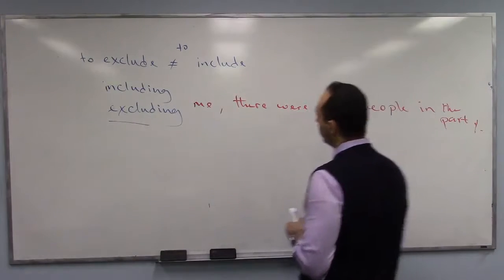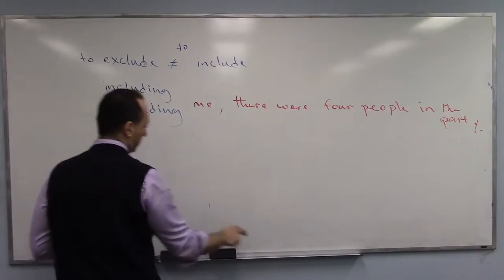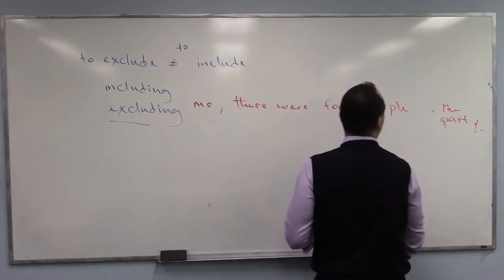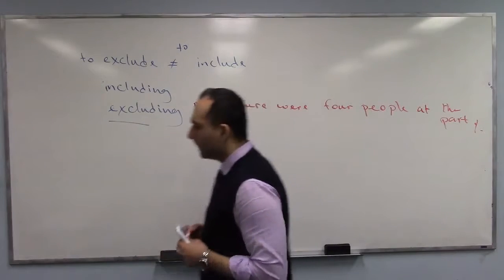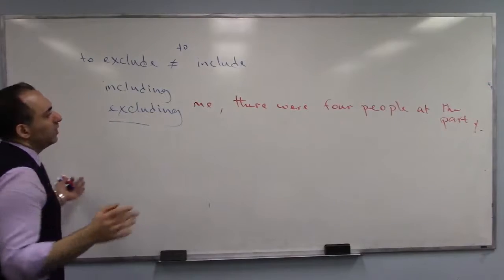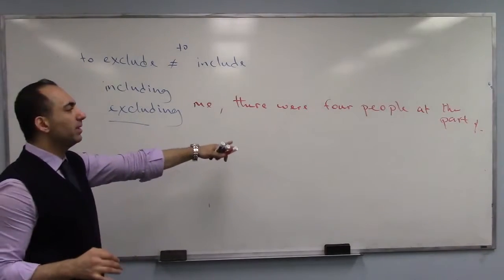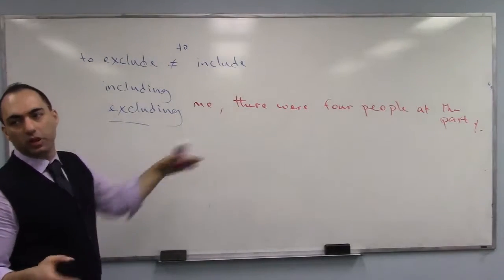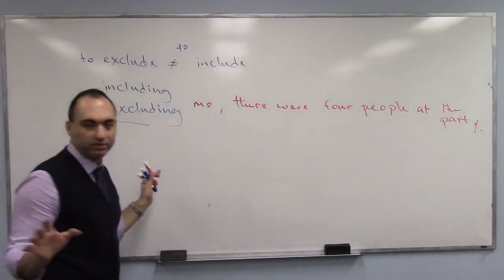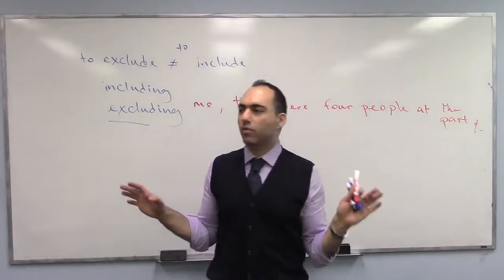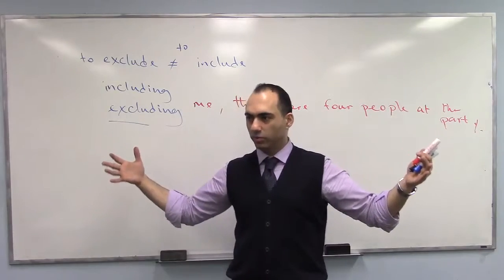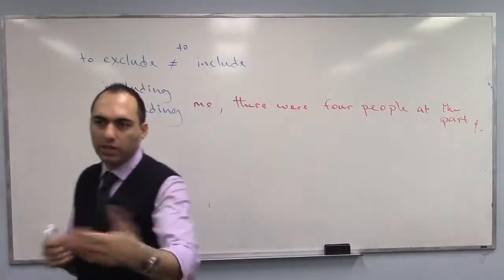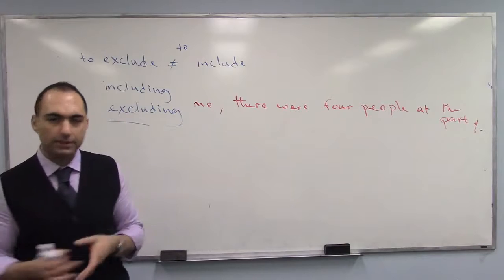So basically it was a very small party, right? Excluding me, there were 4 people at the party means there were 5 people. We were 5, including. So excluding, including, easy, right?